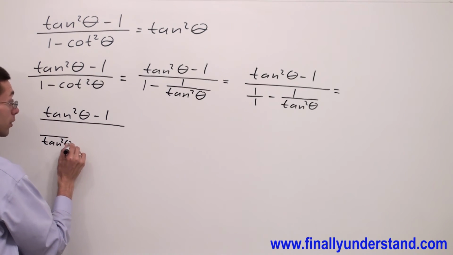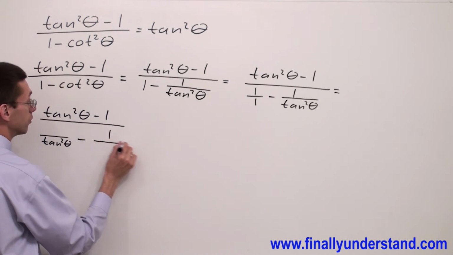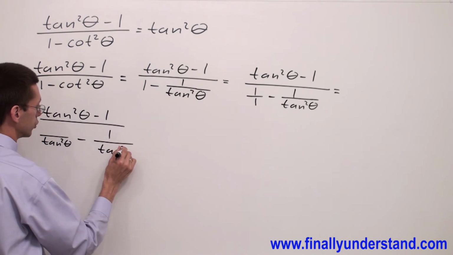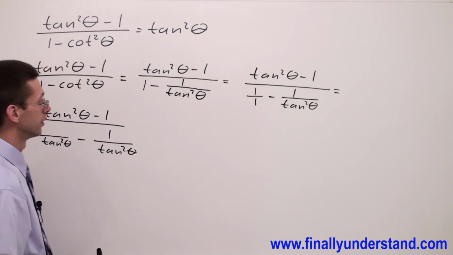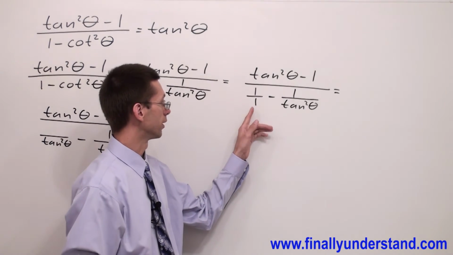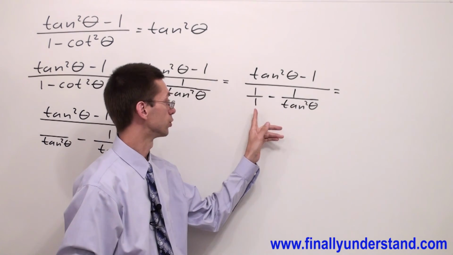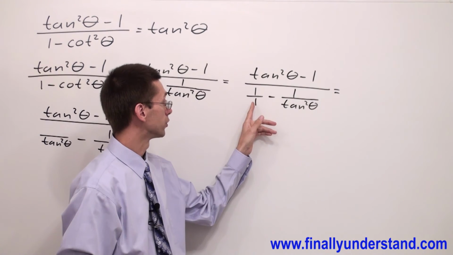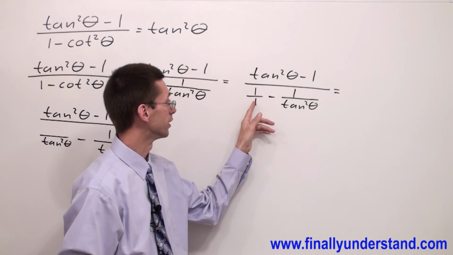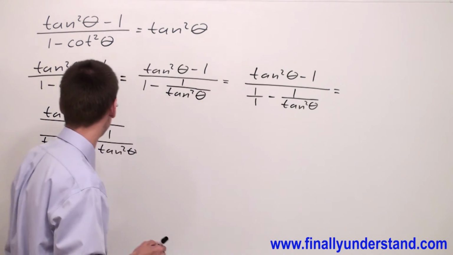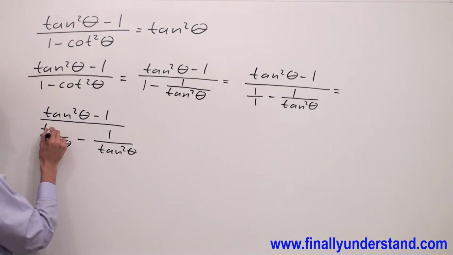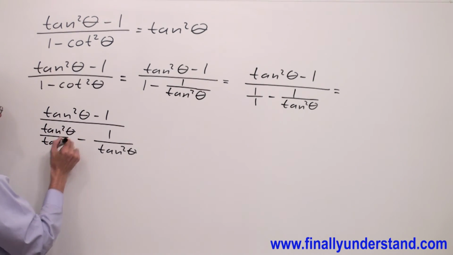Tangent square theta minus 1 over tangent square theta. We simply multiply 1 by tangent square theta in order to find a common denominator. So whatever we did in the denominator, we have to do also in the numerator. That's why in the numerator I'm going to have also tangent square theta.